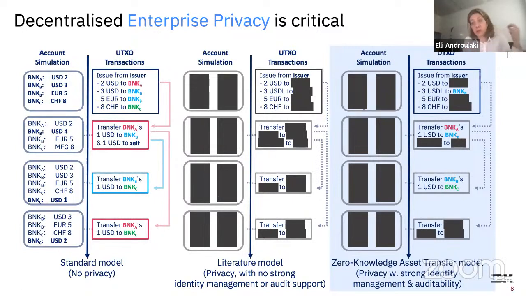We enforce strong identity management of the individuals and accountability, and allow dedicated auditors, which can be user dependent or asset-type dependent, to view the history of transactions that refer to that user or to that asset. So audit support is the way we extended that, but also with strong identity management.